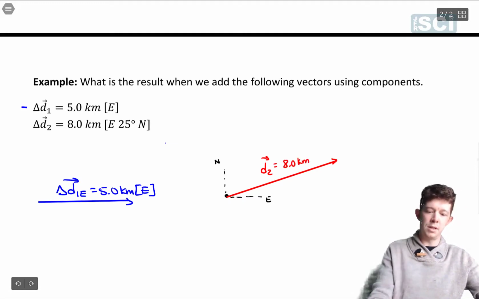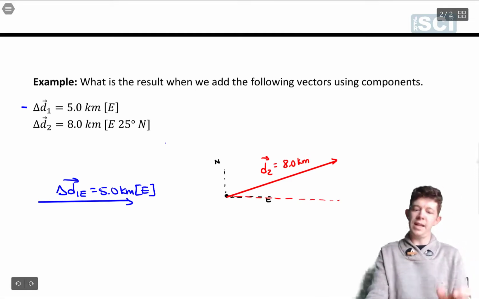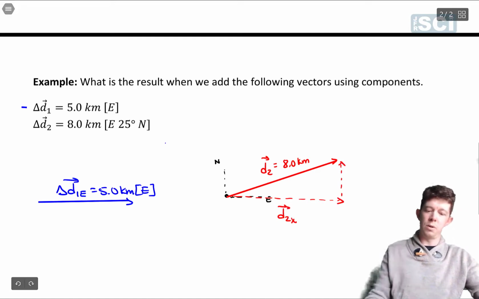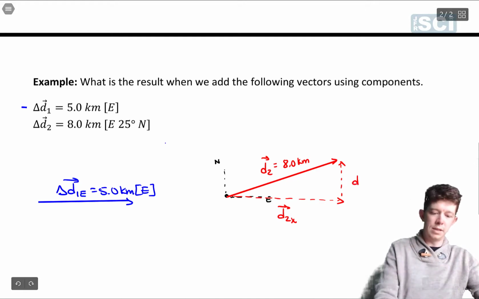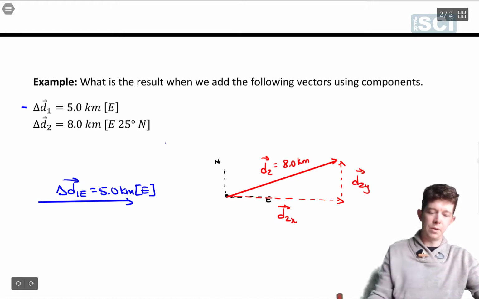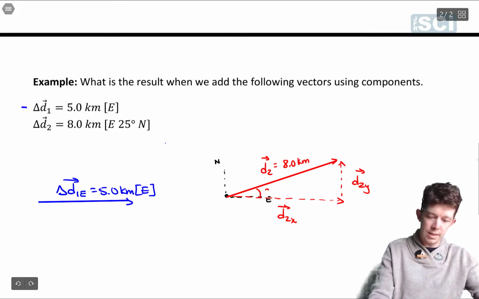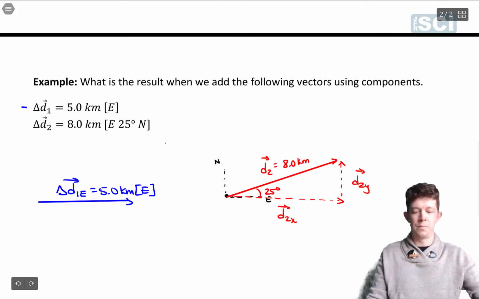My job is to determine the X component, the length of it in the X direction, which we'll call D2X, and the length of it in the Y component, which I'll call D2Y. This angle inside is 25 degrees.